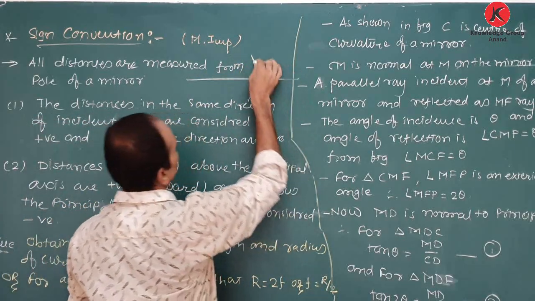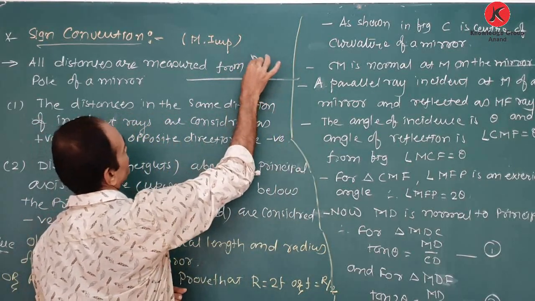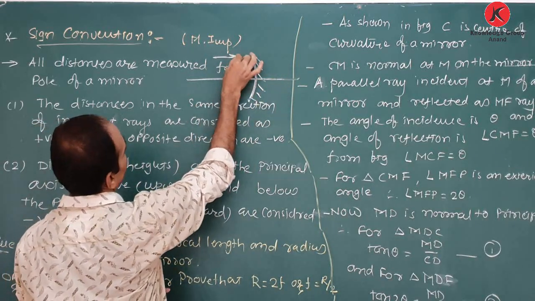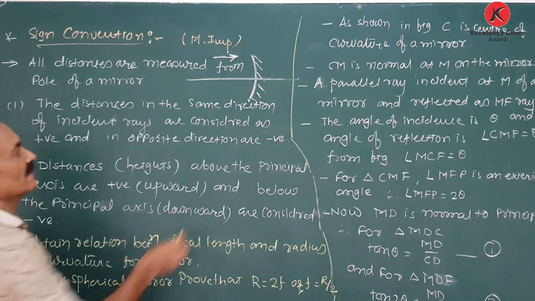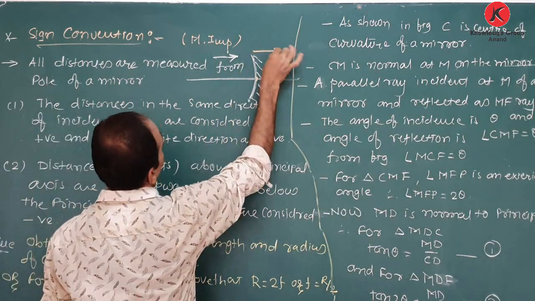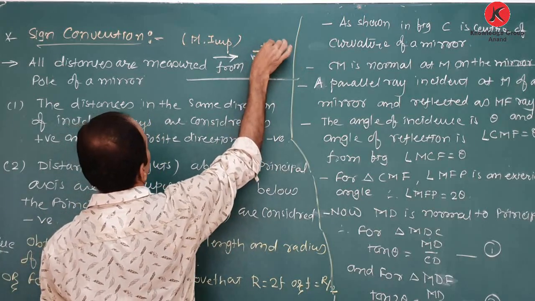Like this, there is a concave mirror. If the rays are incident in this direction, with pole P, then in this direction, which is the direction of the incident ray, all the distances are considered positive.